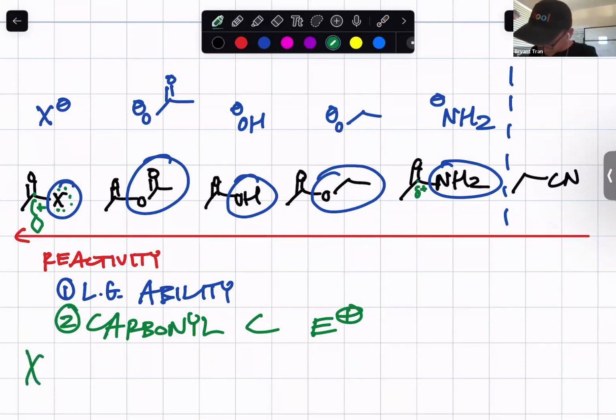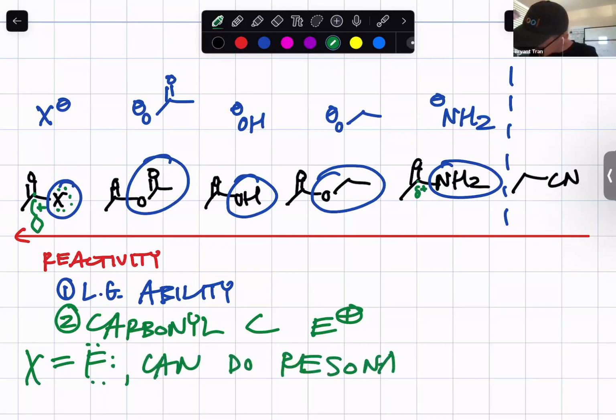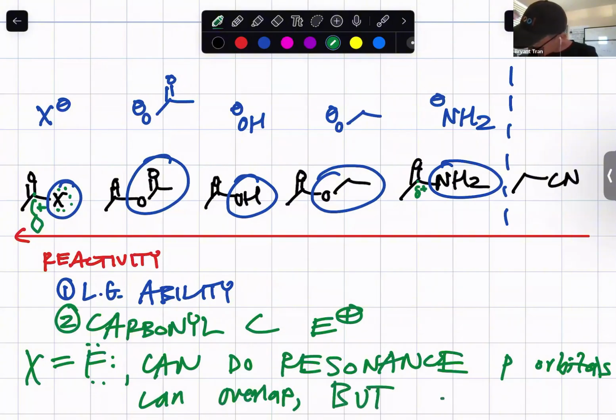Let's say if the X is fluorine, the fluorine is small enough to do resonance with the carbonyl, right? So it can do resonance because the p orbitals can overlap since they're similar size. P orbitals can overlap, but it does not want to do resonance.